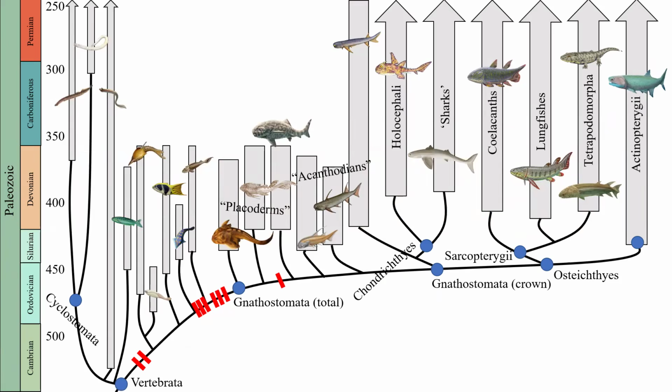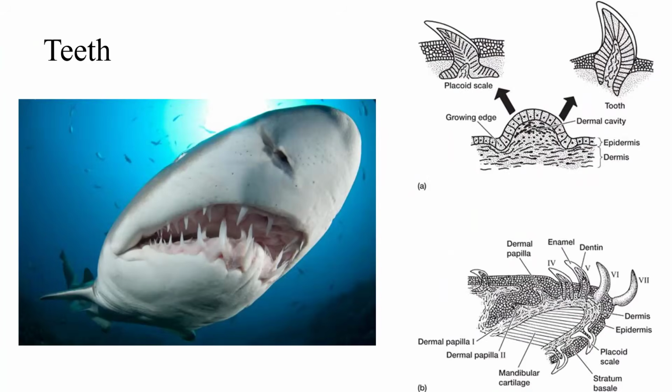Here's all of our gnathostomes, right? Within placoderms, here's a little synapomorphy. It's some, but not all placoderms, and this synapomorphy is really important. It's those teeth. Some of the placoderms have teeth, some of them don't. And so it's within that placoderm group that you get this outer scaly structure starting to anchor to whatever you're using as your jaw.